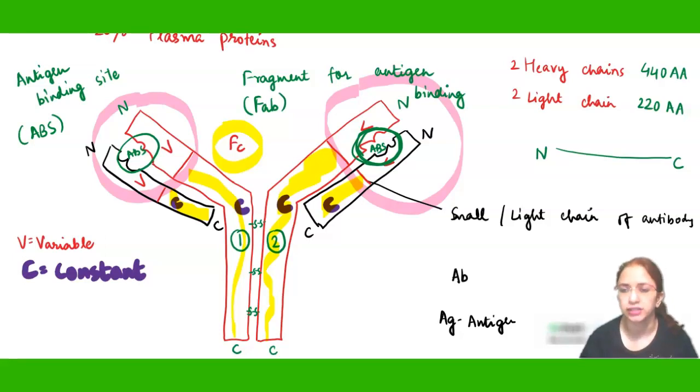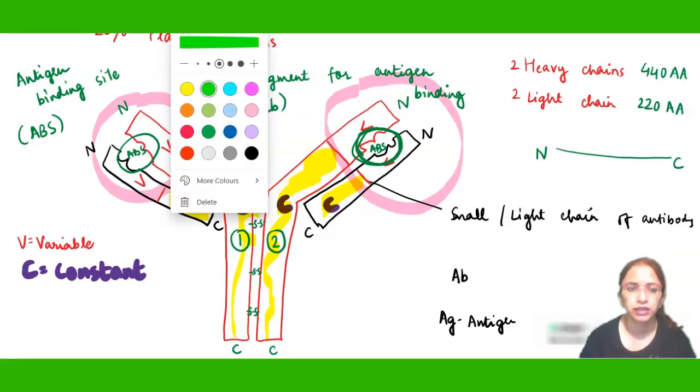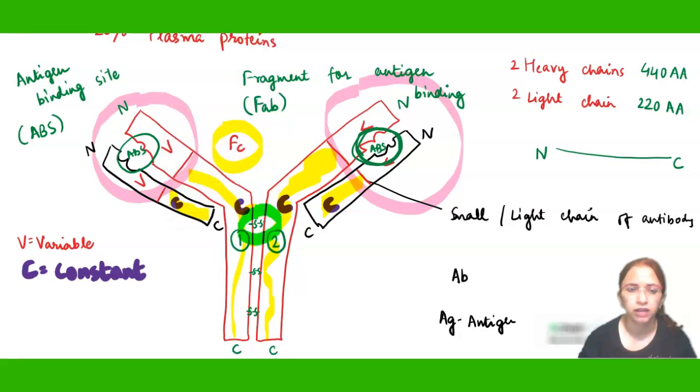These S-S mean the disulfide bonds, and these are the strongest covalent bonds. Disulfide bonds are formed when amino acids that have sulfur in them, like methionine and cysteine, come close, then disulfide bonds will be formed. Here in the case of the heavy chain, you can see that they are connecting the heavy chains together.